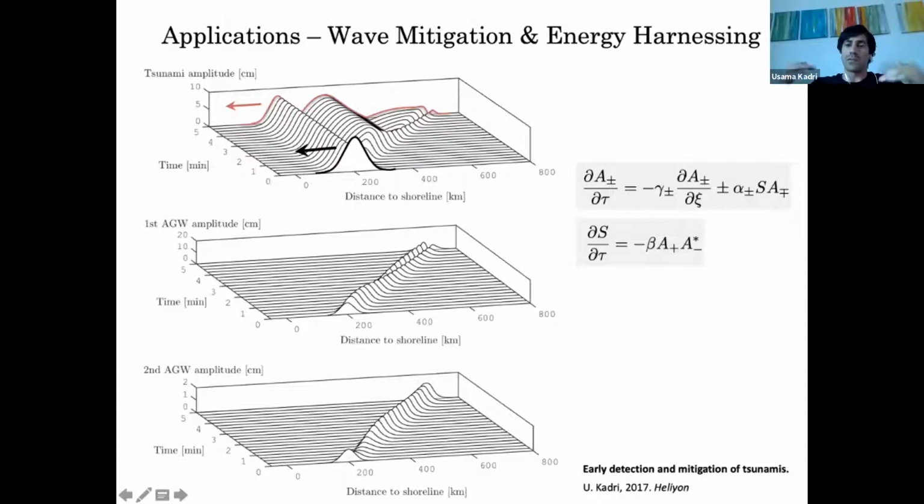Which means that you have smaller and smaller amplitude of the tsunami. And if you have enough time, then you could reduce the amplitude of the tsunami in a way that the impact on the shoreline is reduced.